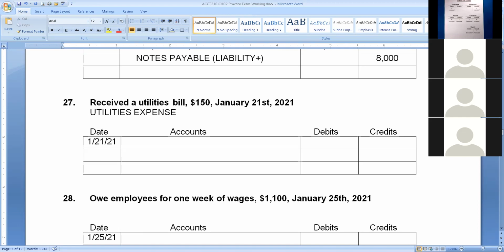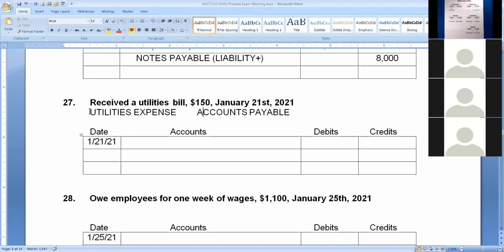And one other account. Either cash or accounts payable. The accounts payable, because it doesn't show that they paid. So unless they say paid, usually accounts payable.